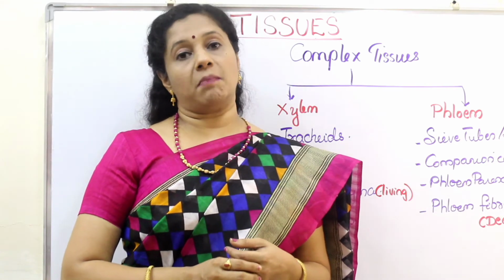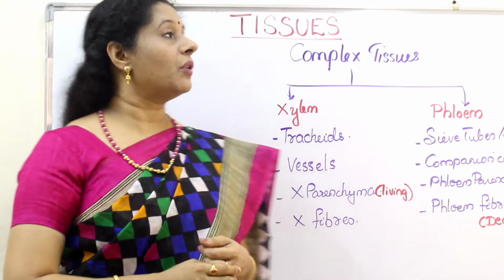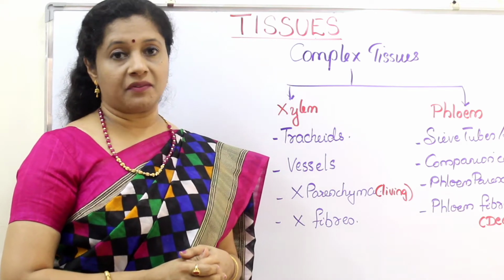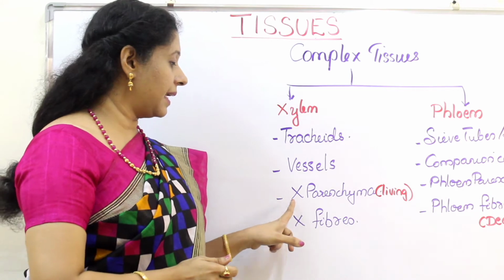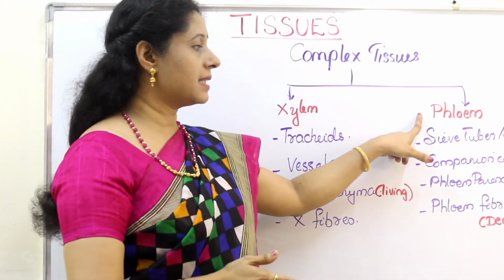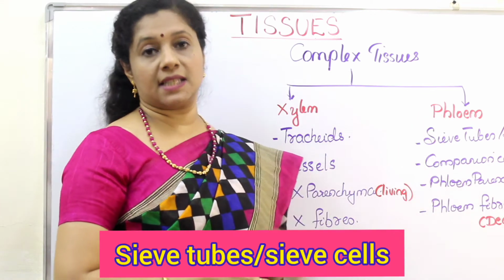Since they are complex tissues, they have different types of component elements. Xylem is made up of 4 different types of cells: tracheids, vessels, xylem parenchyma and xylem fibers. Whereas phloem consists of 5 different types of cells: sieve tubes or sieve cells, companion cells, phloem parenchyma and phloem fibers.